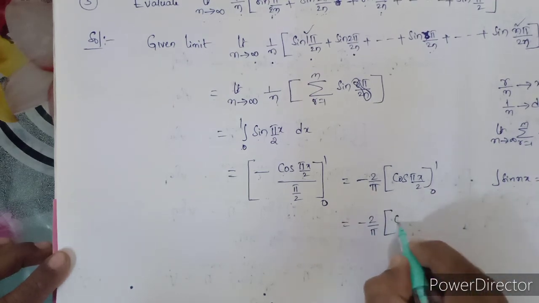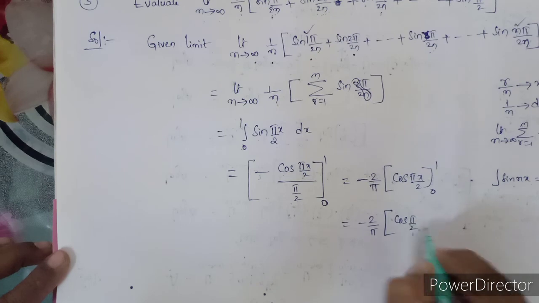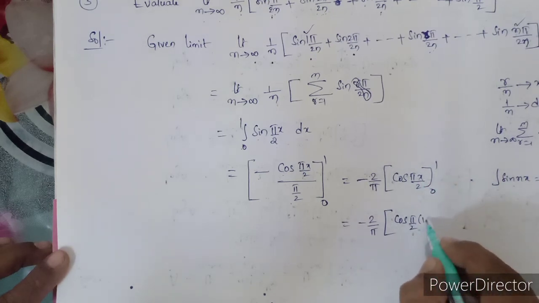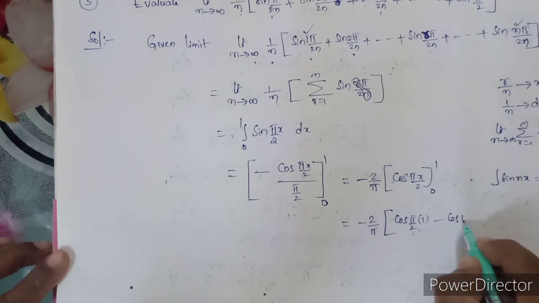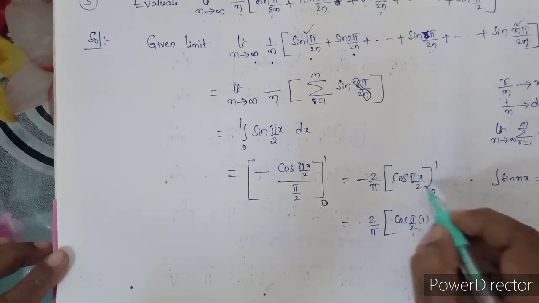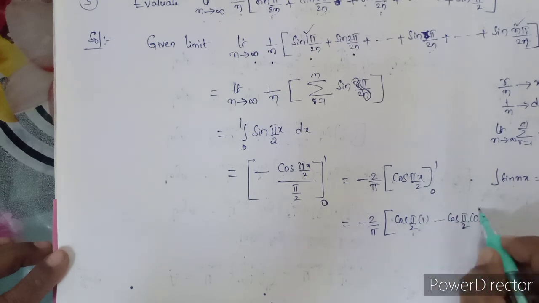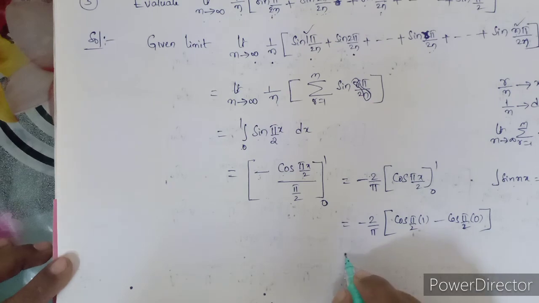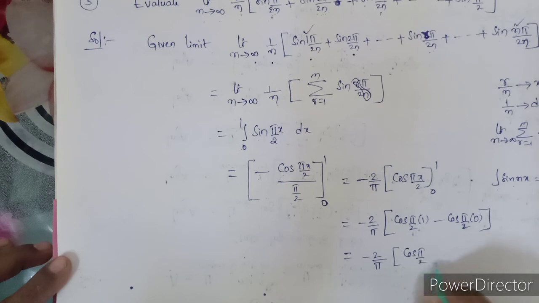Upper limit: in place of x we write the upper limit, cos pi by 2, minus cos of pi by 2, we replace x by 0, lower limit. Upper limit minus lower limit. Now this is equal to minus 2 by pi into (cos pi by 2 minus cos 0).